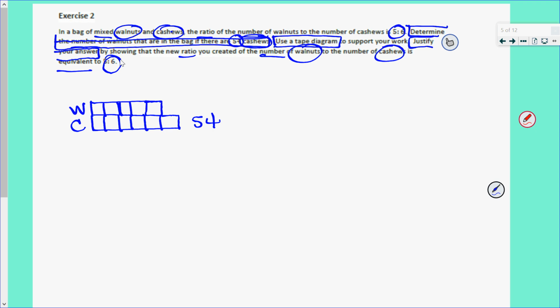Okay, where did you get 6 from? Right, in the ratio, right here. Guys, 1, 2, 3, 4, 5, 6. So she's going to divide it by 6. What is 54 divided by 6? I heard it. What is it? 9. So that's my ratio constant.